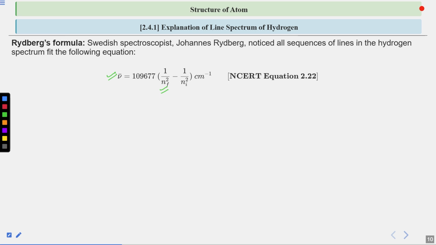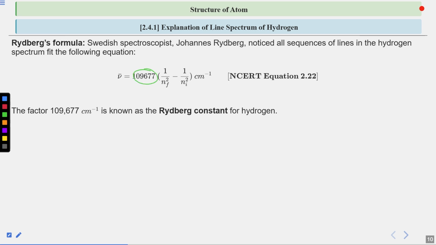So for Balmer, nf equals 2, and ni can be anything greater than 2, from where it is coming. Of course, the wave number is 1 by lambda. Lambda is the wavelength, which has a unit of centimeter, so wave number has a unit of centimeter inverse. Now this 109677 is known as the Rydberg constant for hydrogen.